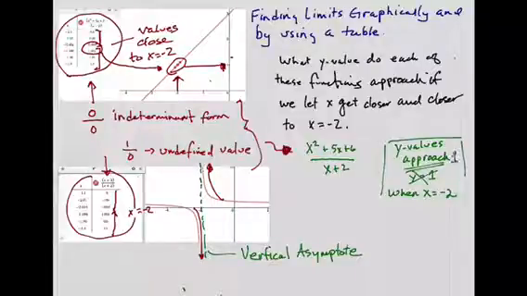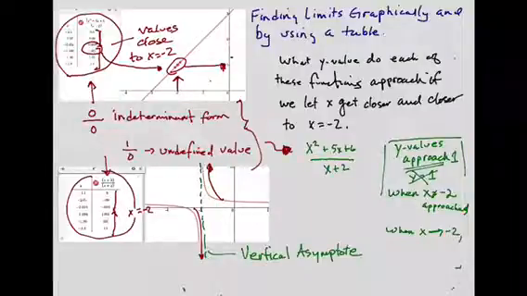They don't equal 1, when x approaches negative 2. And how you write that mathematically is, for approaches, you use an arrow. When x approaches negative 2, y approaches positive 1.